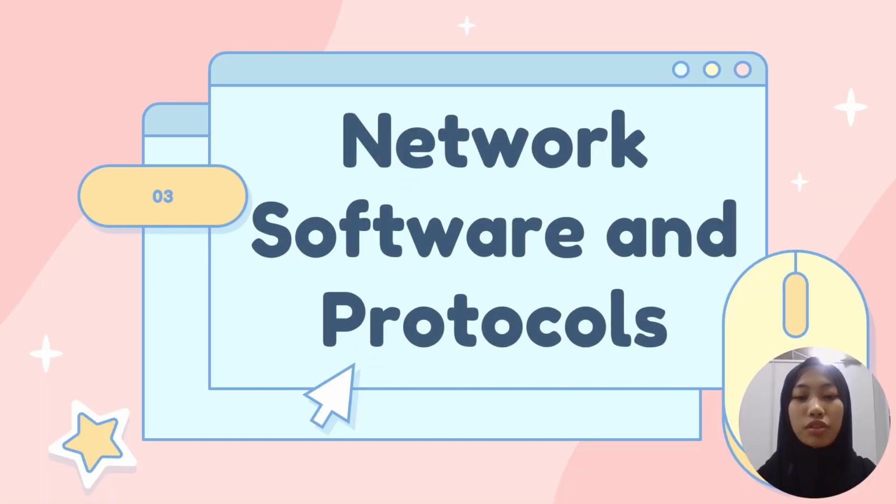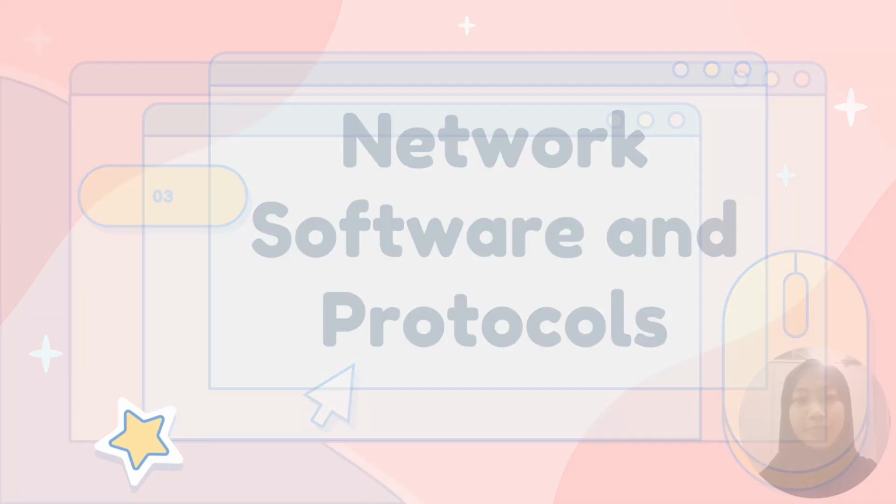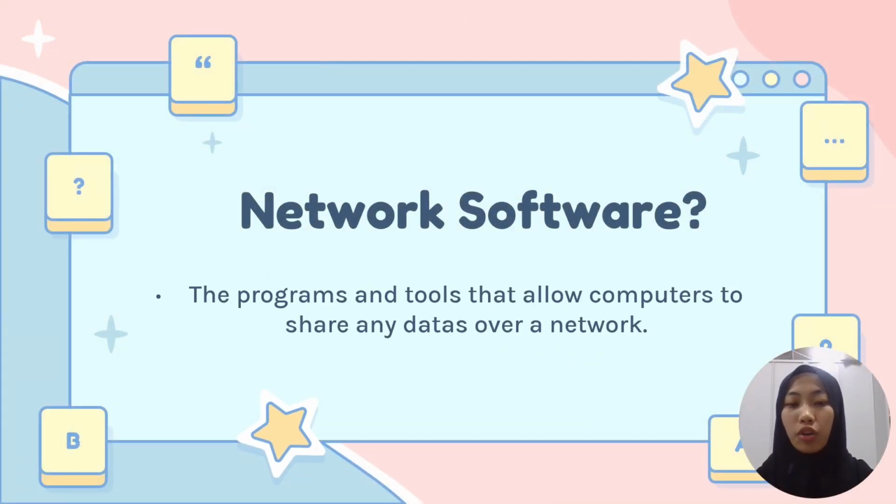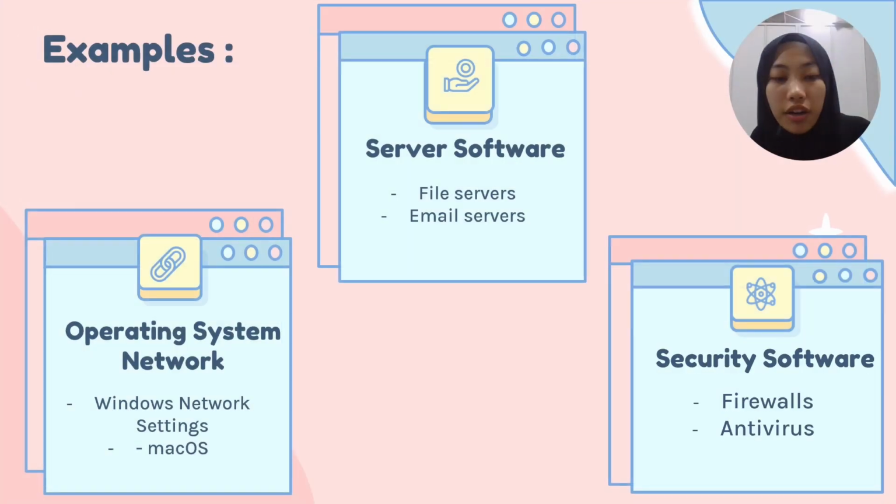On to network software and protocols. Network software is the programs and tools that allow computers to share data over a network. Examples are, first, operating system networks like Windows network settings and macOS. Second is server software such as file and email servers. And lastly is security software, which is more known as firewalls and antivirus.